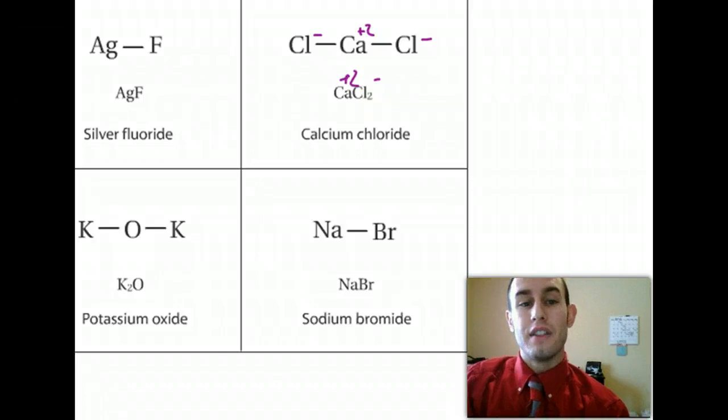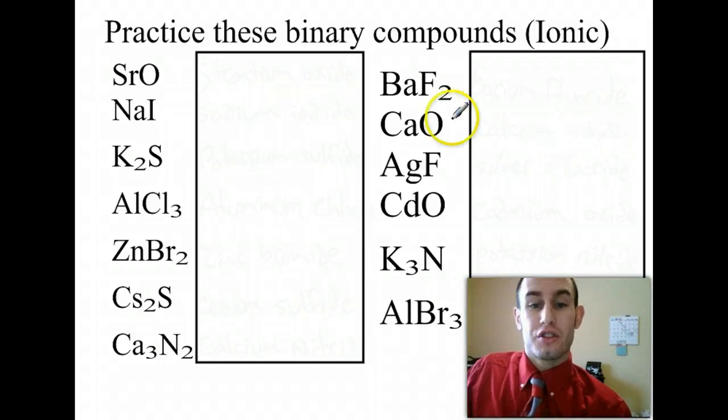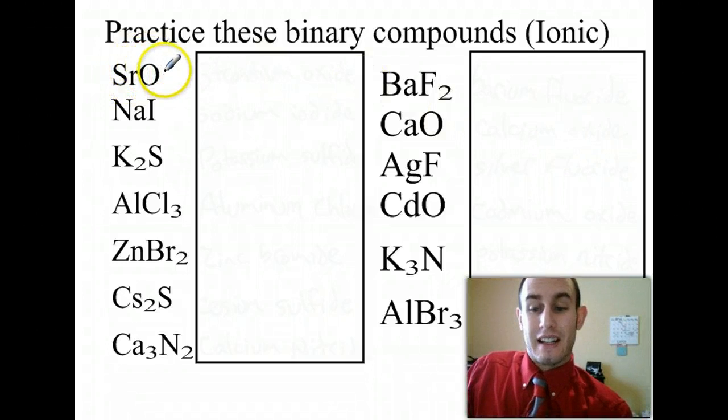So let's go ahead and dive into some examples here of naming these binary compounds. Our first example here, Sr and O, strontium and oxygen. Again, if I'm not exactly sure on strontium's charge, I can look and see on the periodic table.